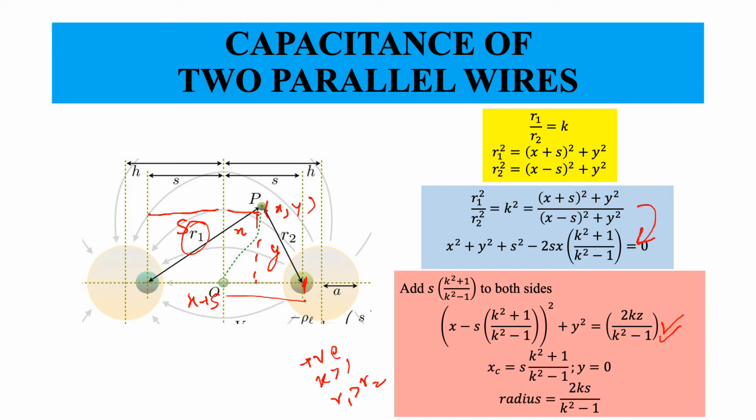Now the conclusion is that those equipotential surfaces turn out to be circles with centers located at s(k square plus 1) by (k square minus 1) on the x-axis with y equal to 0, and their radius is given by 2ks by (k square minus 1).